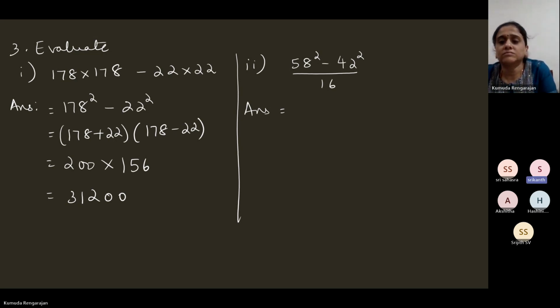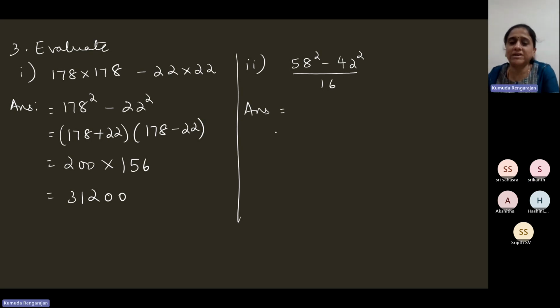Ma'am, I don't know, ma'am. You understood the earlier one or no? Ma'am, I understood the earlier one, ma'am. Yeah, similar. The numerator is of the form a squared minus b squared, right? Yes, ma'am. What is a? Ma'am, 58. b? 42, ma'am.